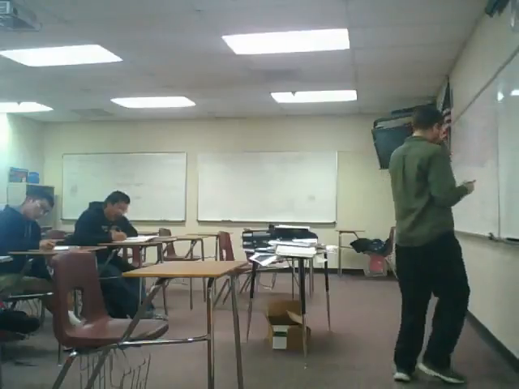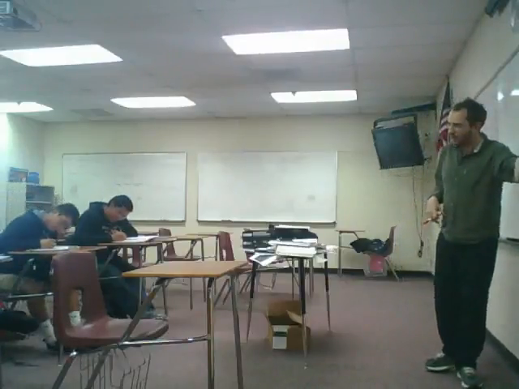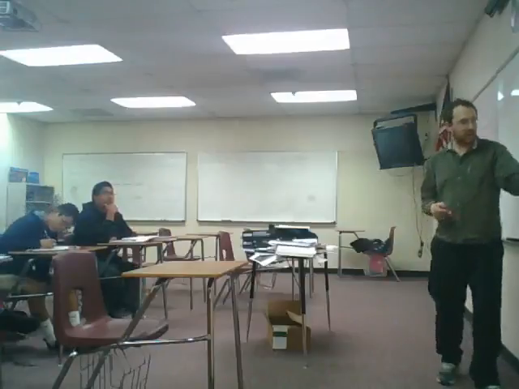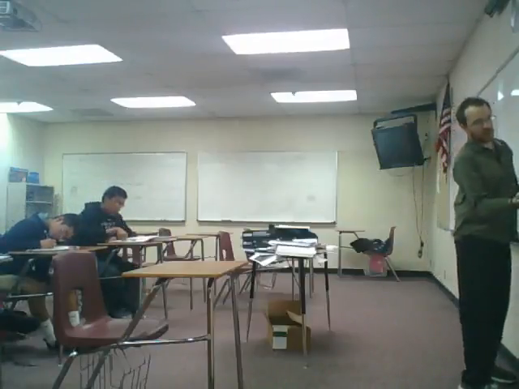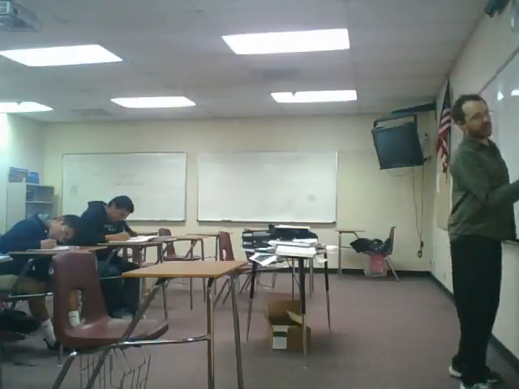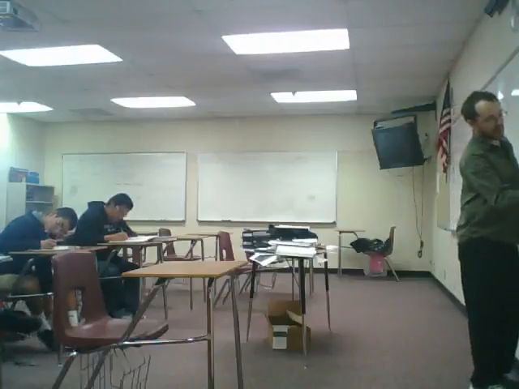So now let's distribute some of this stuff and simplify it a bit. If I distribute this negative sign, what happens to these? It becomes positive. I go to distribute again, it becomes negative.